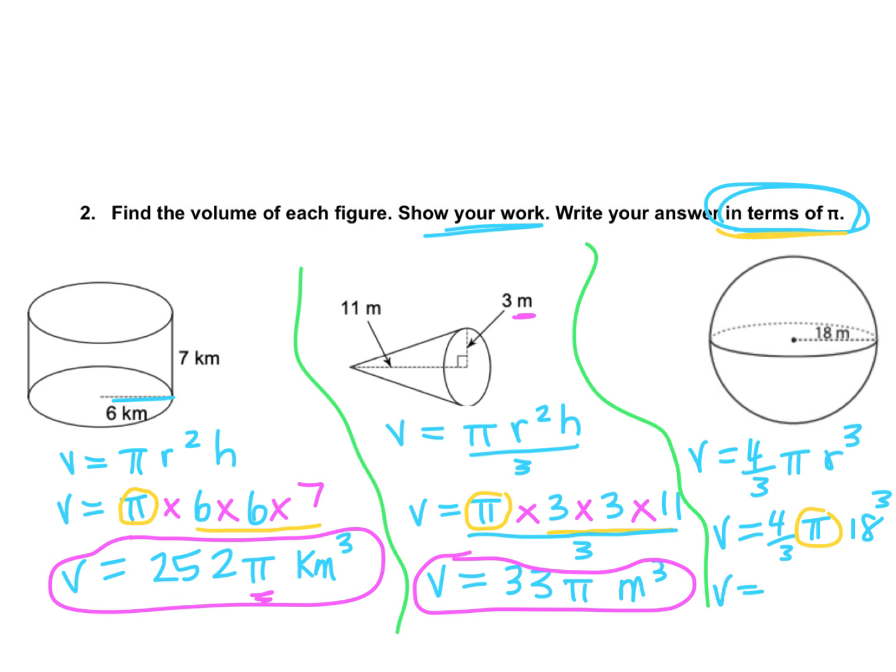So now type all that in your calculator: 4 divided by 3, or use your ABC button, times 18 times 18 times 18. That gives us 7,776 pi. And I'm going to squeeze this in here, meters to the third power. Okay, and that is all of them in terms of pi. And that is also showing work.